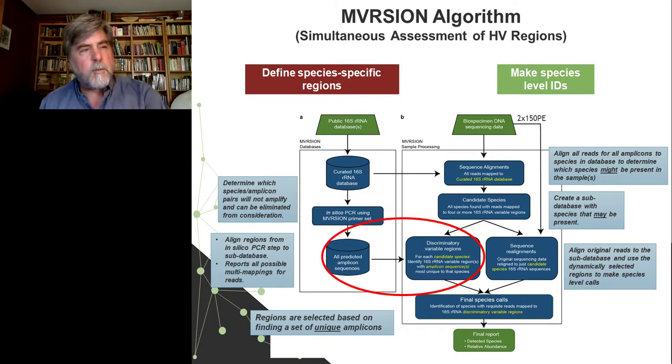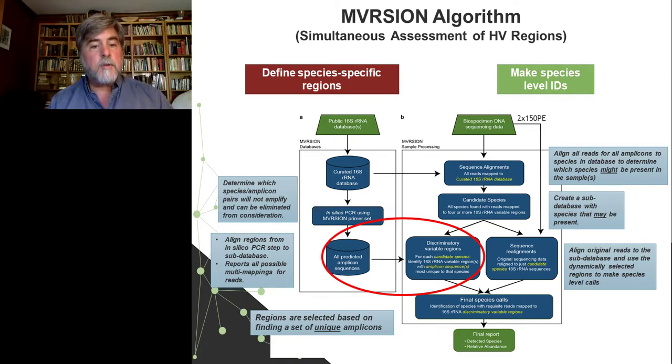But hypervariable region number 2 might align very specifically. So for species A, we're going to say, okay, hypervariable region number 2 is our best hypervariable region. We're going to kind of ignore hypervariable region number 1. However, in species B, it could be that hypervariable region number 1 is the one that aligns most specifically, whereas hypervariable region number 2 is a little bit more promiscuous. So we go through all of the predicted amplicons and we hybridize them to all of the species that might be in our data in order to determine which predicted amplicon is the most valuable for any particular species.